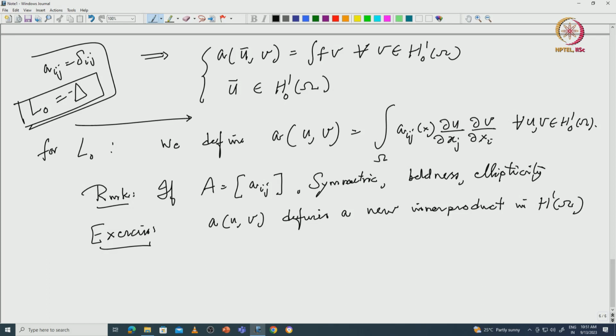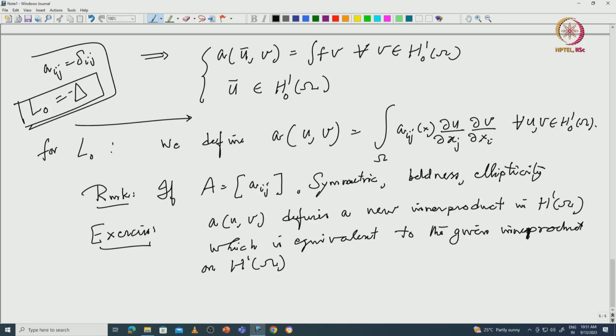So, symmetry is needed to prove that it is an inner product, and you use boundedness and ellipticity for the equivalence. So, just prove it. It is a trivial thing, but it is nice to get familiarized with such theorems. So, you get the same standard topology.